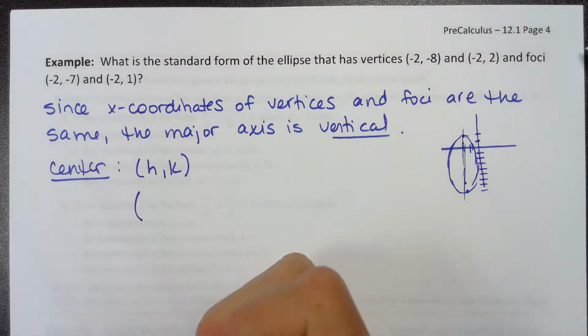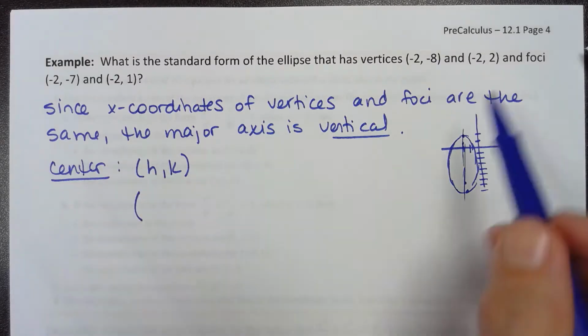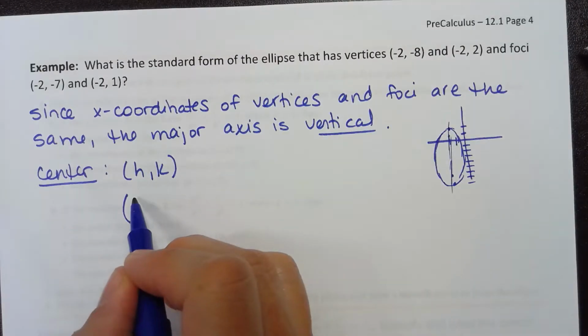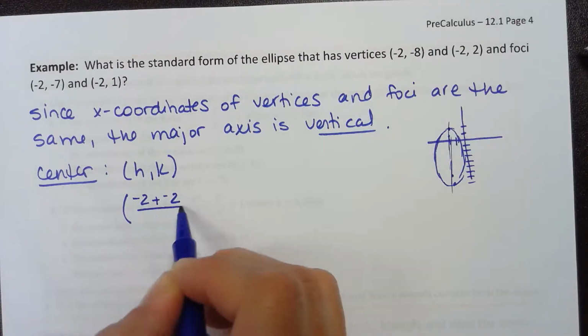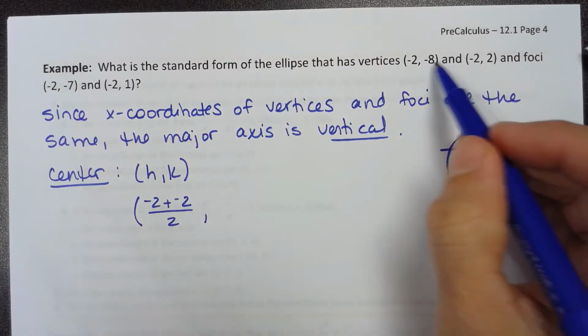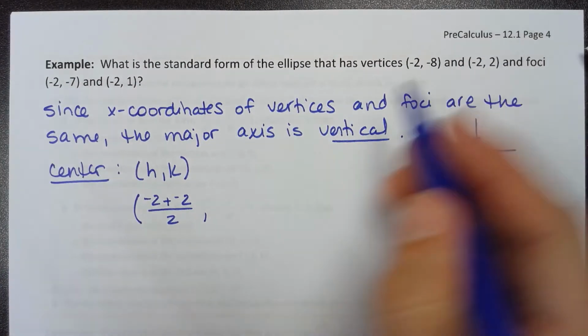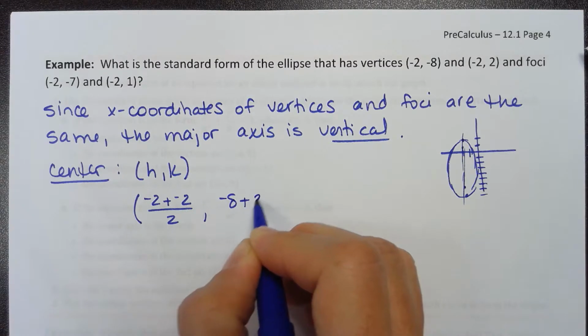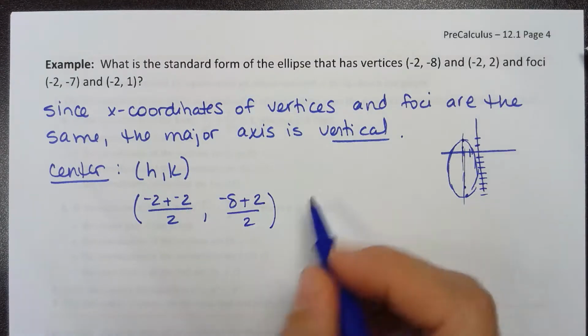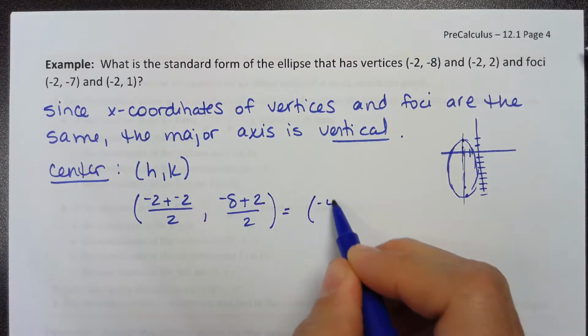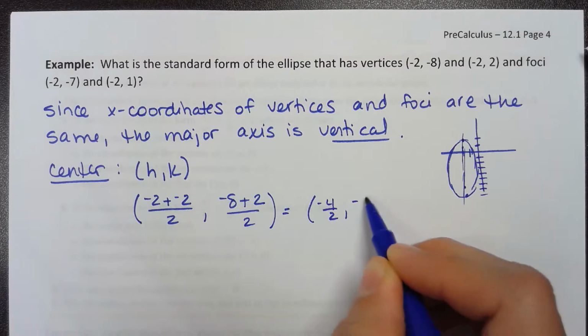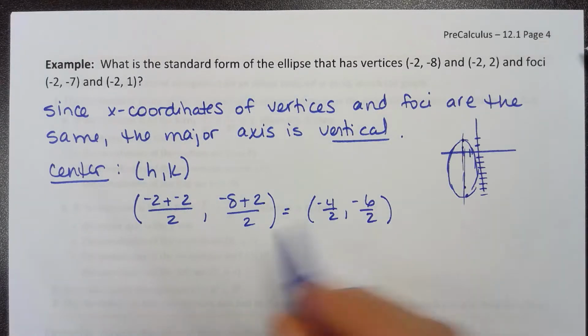So the sum of the x's would be -2 plus -2 over 2. And the sum of the y's over 2. So -8 plus 2 over 2. So the center is going to be -4 over 2, -6 over 2. Our center is (-2, -3).